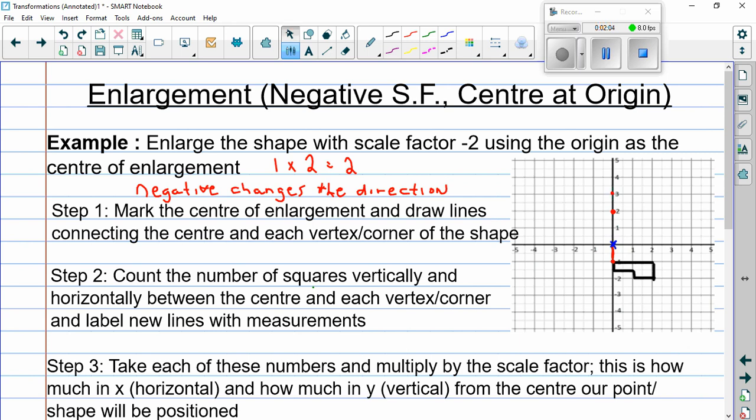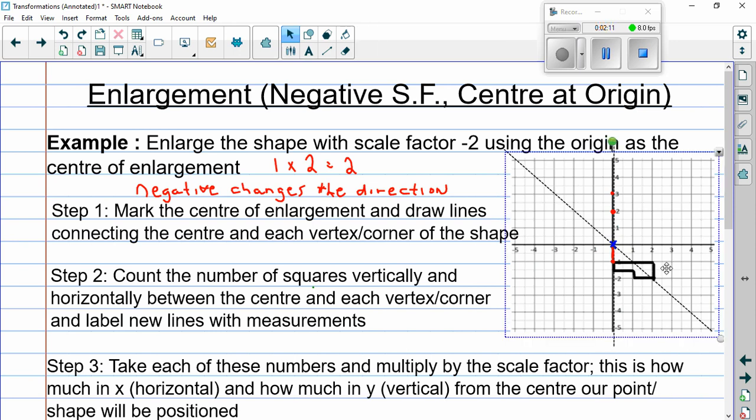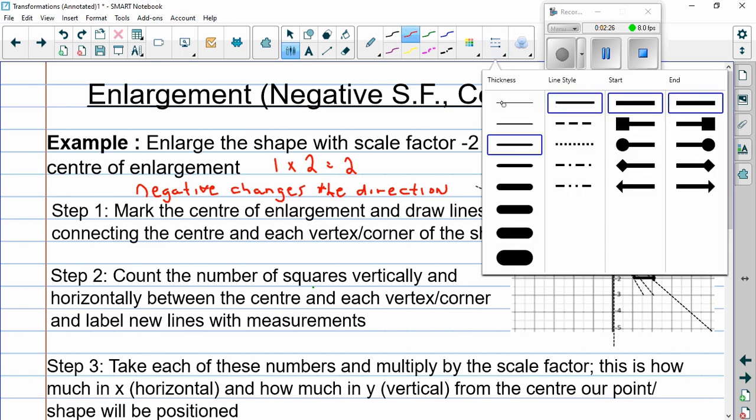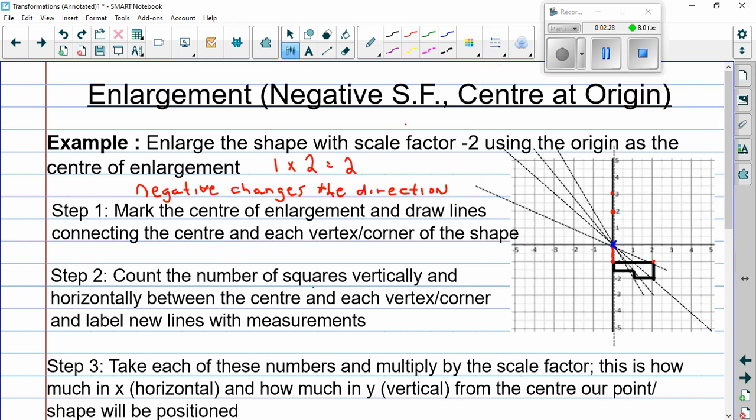But just like we did with the other ones, drawing the lines can actually be very beneficial when you're dealing with negative scale factors because they appear in a completely brand new place. Especially if it's your first time seeing these, draw in these lines right now. Okay, so we're going to choose point by point, and I'm going to go around our shape clockwise. So the next point we're going to choose is this point. So we've gone that 1 down, but now we're going 2 over. Well, we know that 2 times by 2 equals 4.